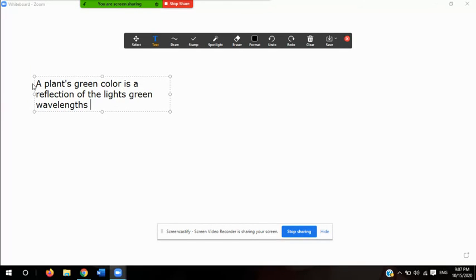So chlorophyll A and B basically absorb red and blue light, and then the green light is pretty much a reflection of the very little green light that is absorbed by the chloroplasts. It says a plant's green color is a reflection of the light's green wavelengths by chlorophyll. There you go.